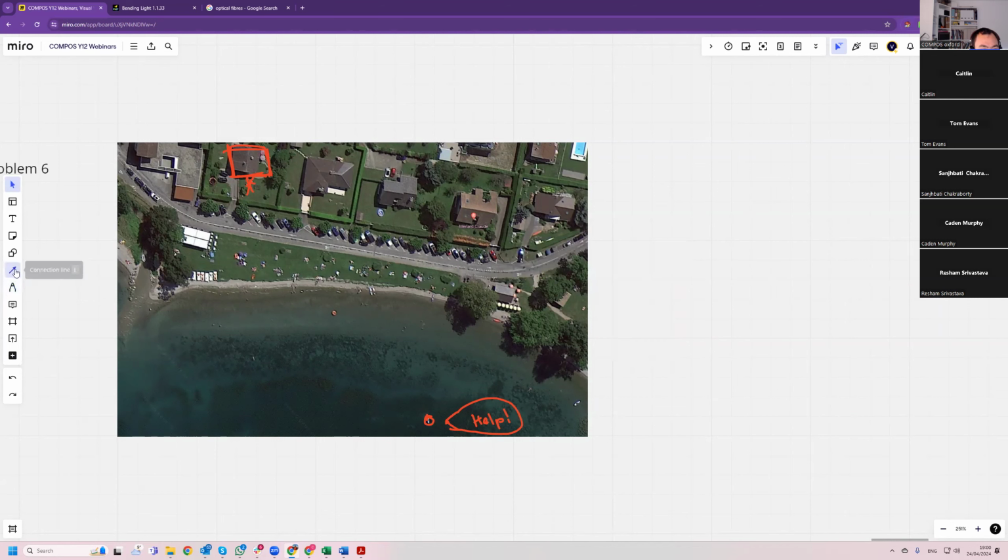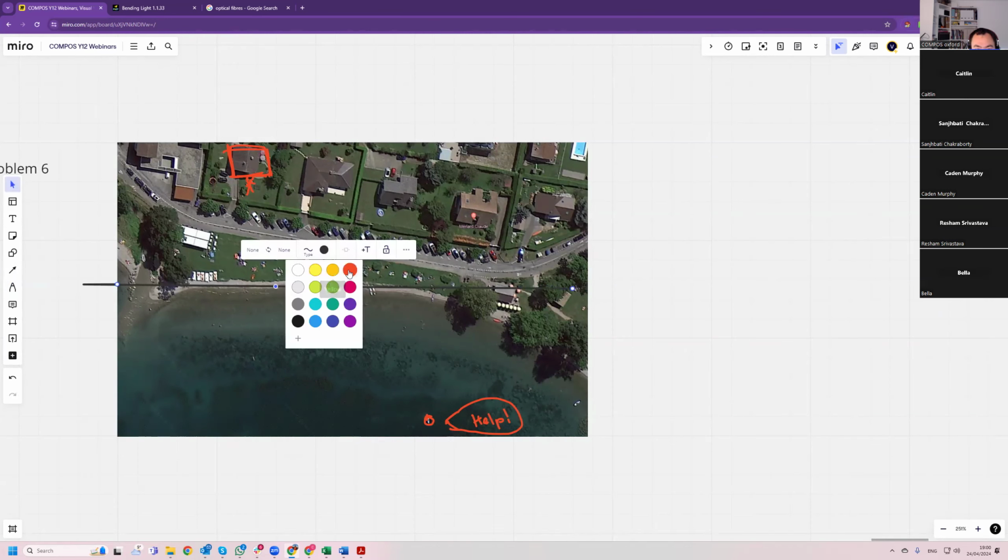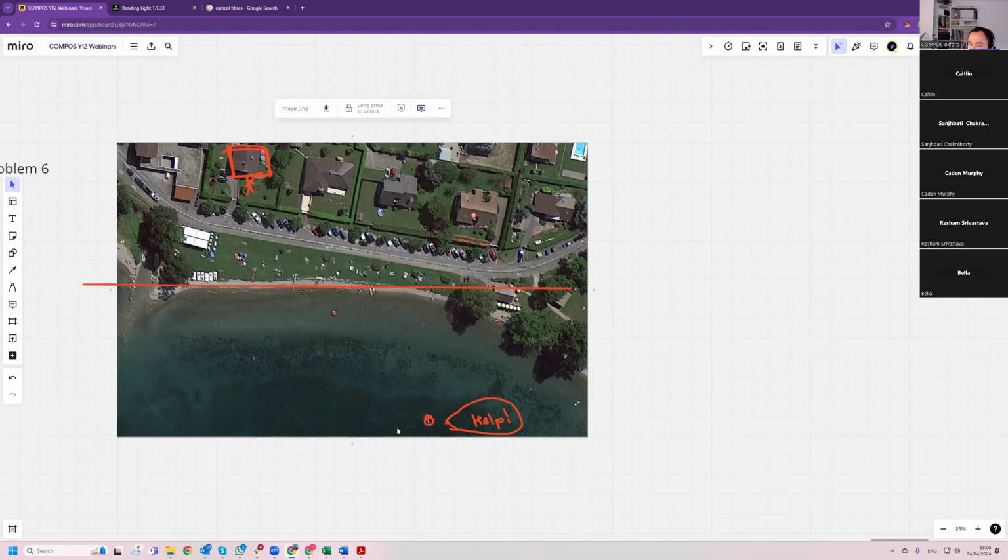Assume that the shoreline is like this. Well, what are the options? You can run to the water and then swim.